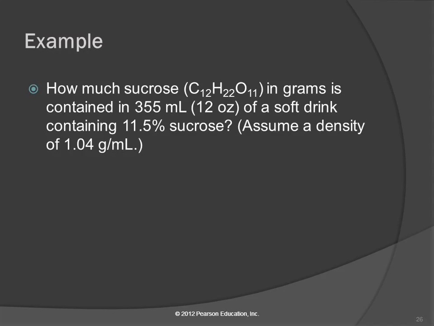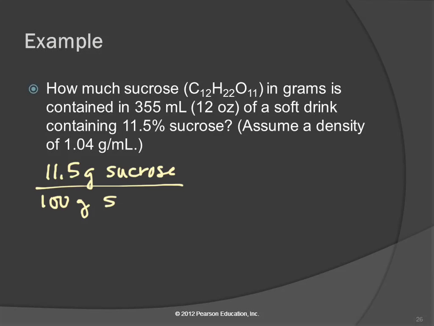So we should take this number, 11.5%, and write that as a ratio. 11.5% means 11.5 grams of solute, which is the sucrose, per 100 grams solution. That's a conversion factor.